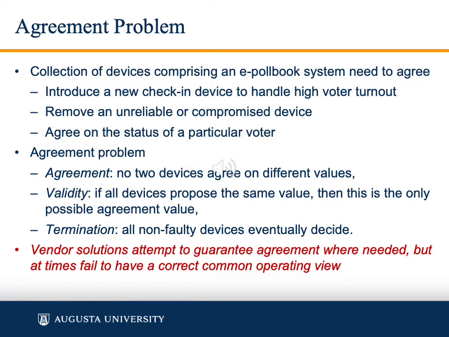Vendor solutions attempt to guarantee agreement in the operation of their systems, but at times fail to have a common operating view, which is so important in making sure that we have the guarantee of one voter, one vote.